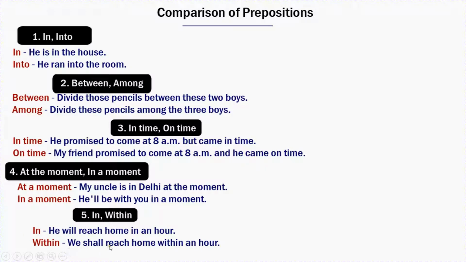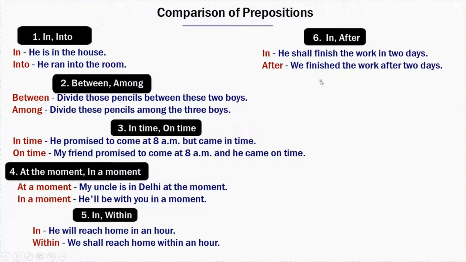But we shall reach home within an hour means it will take around 1 hour, around 60 minutes. It can be 55 minutes also, it can be 65 minutes also. Fine. So it will take around 1 hour to reach home. So in means in less than 1 hour. Okay, and within an hour means almost 1 hour.